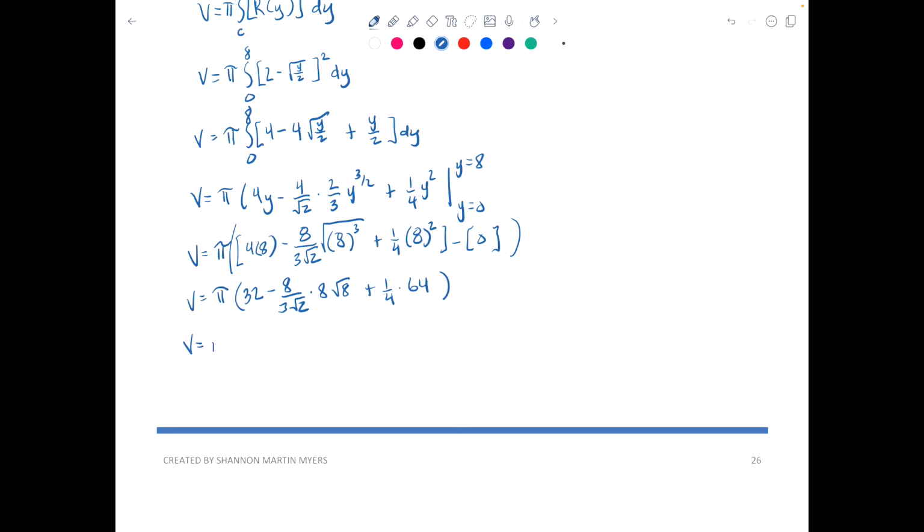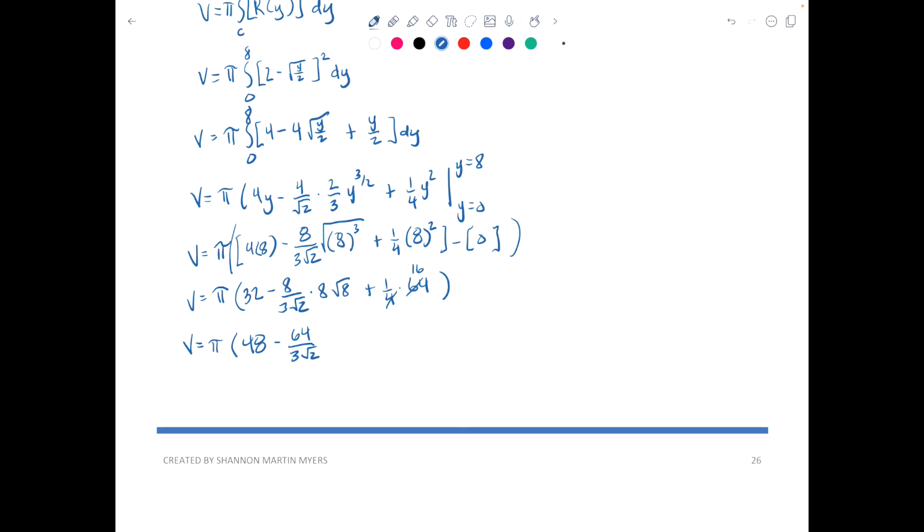So our volume will be pi times, when you divide 64 by 4, you get 16. You add that with the 32, we'll get 48. Now we're going to have minus 64 over 3 root 2.